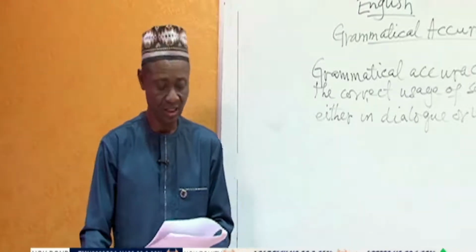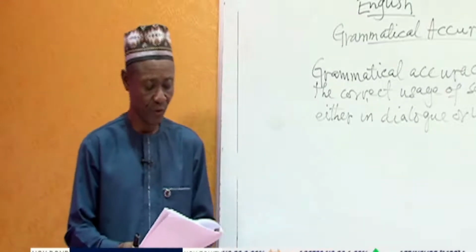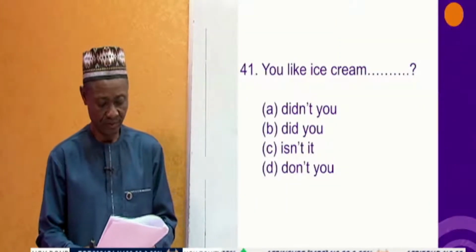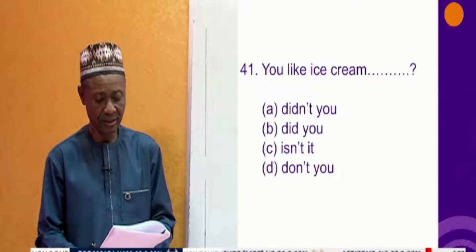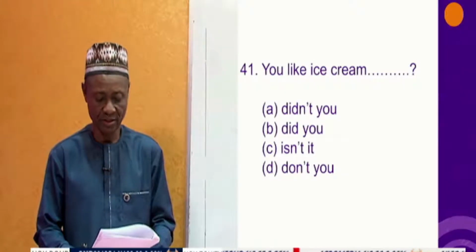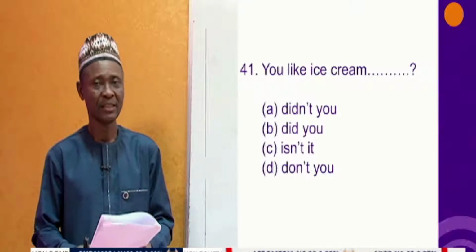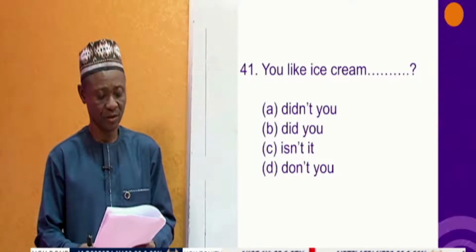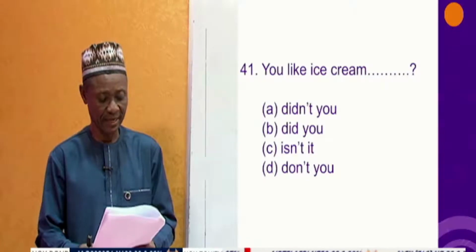Year 2016. Question number 41. You like ice cream? Dash. A, didn't you? B, did you? C, isn't it? D, don't you? This is a question from question tags again.